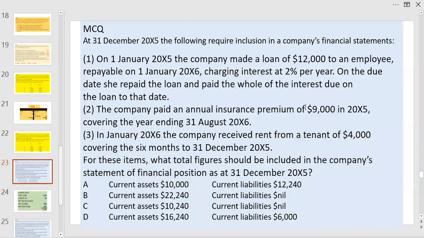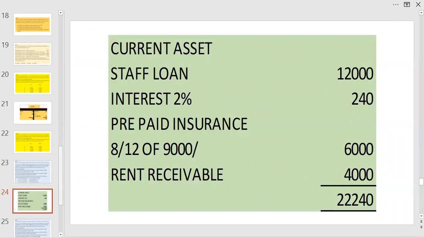Number 2, the company paid an annual insurance premium of 9,000 in 2005, covering the year ending 31st August 2006. For the current year, it's only 4 months or 1/3. Therefore, 3,000 will be current year, 6,000 will be prepaid for next year, a current asset again.